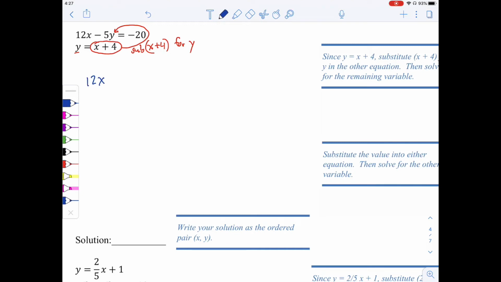Okay, so let's rewrite that. So 12x minus 5y equals negative 20. Then we take 12x minus, so instead of y, we're putting x plus 4, right? And then put the parentheses there. Put x plus 4 in for y.